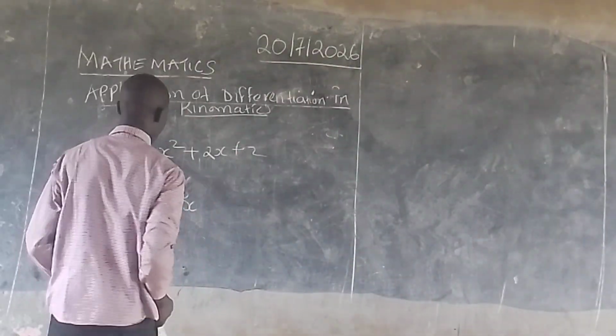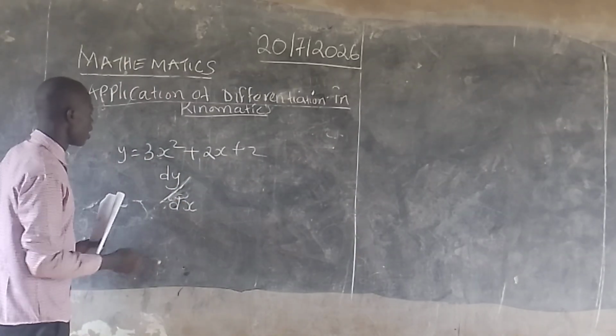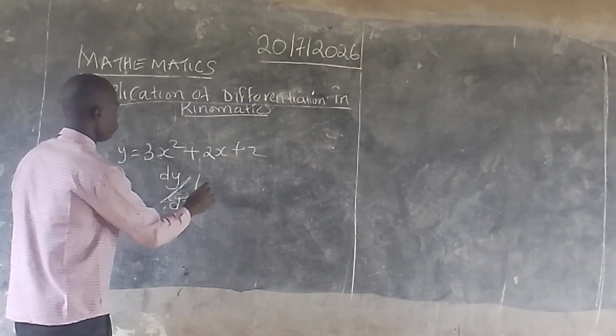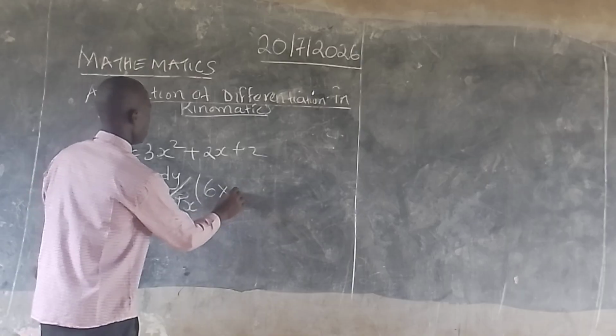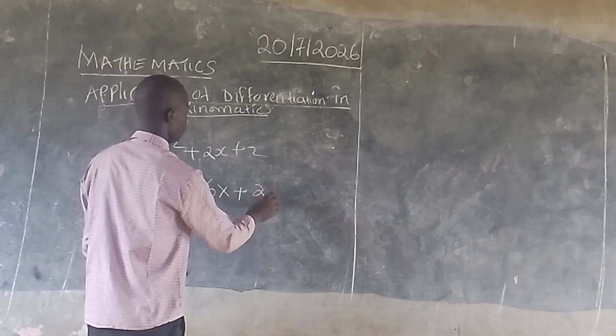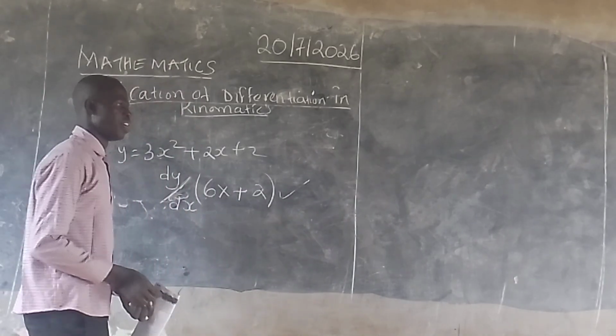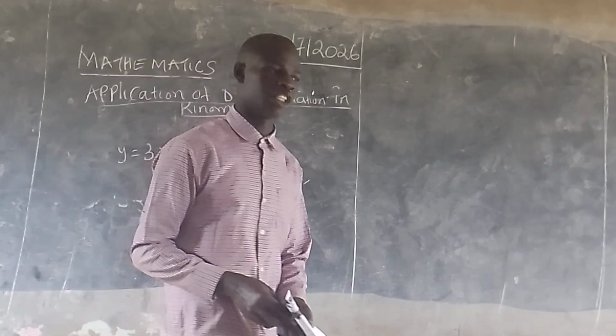Given this one, it will be 6x plus 2. This gives us what we call a derivative function.